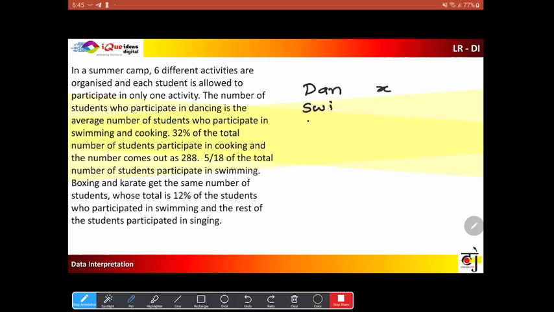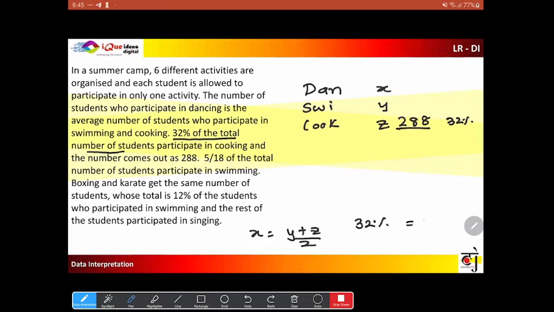So if Y and Z students participate in swimming and cooking, then X is the average of Y and Z. So Y plus Z divided by 2 will be X. Then it says that 32% of the total number of students participate in cooking, and it comes out to 288. So if 32% of the entire quantity is 288, then the total 100% will be equal to how much?